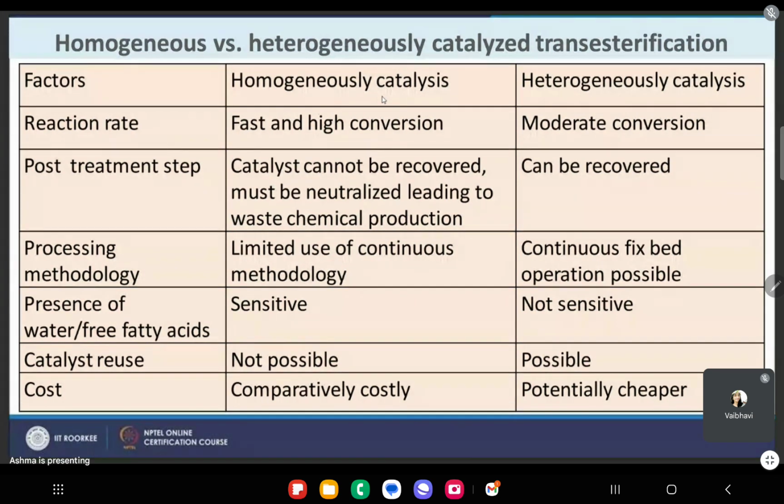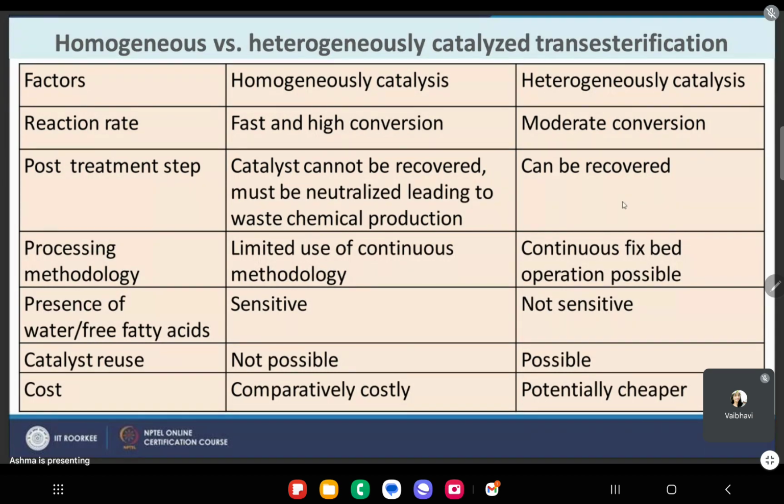Homogeneous catalysts are in the same phase as the other components, so these catalysts cannot be recovered, and need to be neutralized, leading to waste chemical production. But the heterogeneous catalyst has a different phase than what is being reacted, so it can be removed from the system.